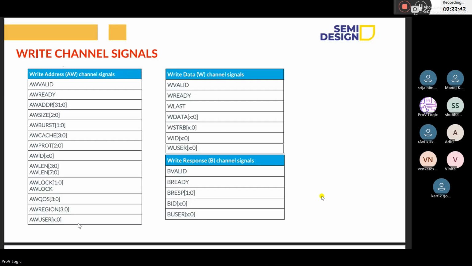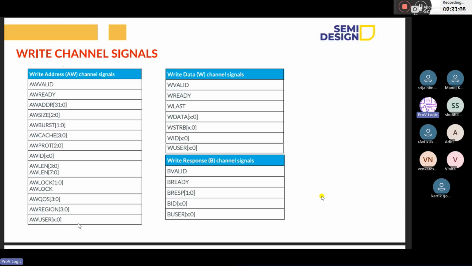So first one is AW valid. AW valid is nothing but the master will assert it to indicate that the address signals and control signals are valid, correct data. Whatever the address is, the data with the address is correct.